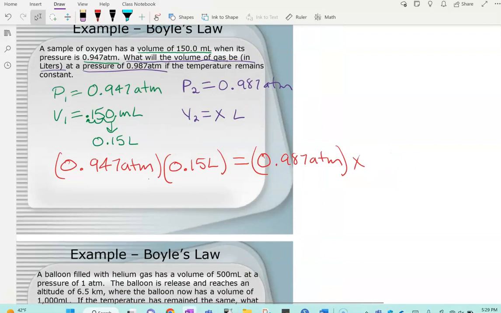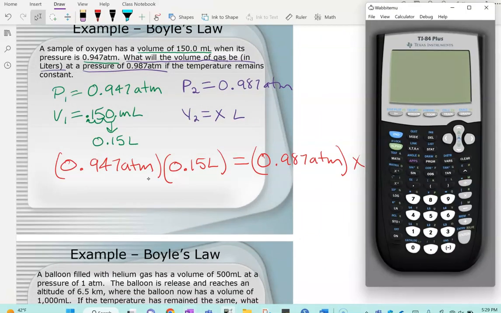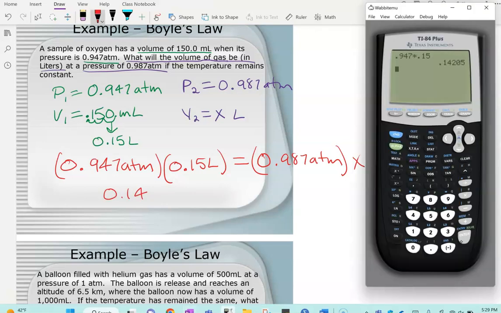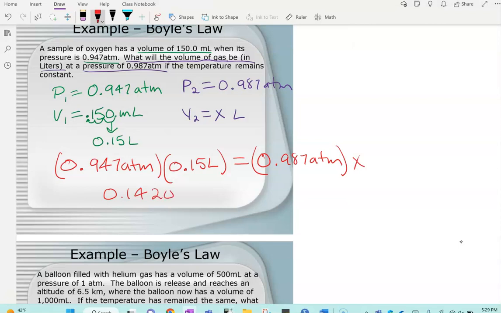So now I'm going to do my math to try to get X by itself. The first thing I'm going to do is multiply 0.947 times 0.15. That'd be 0.14205.